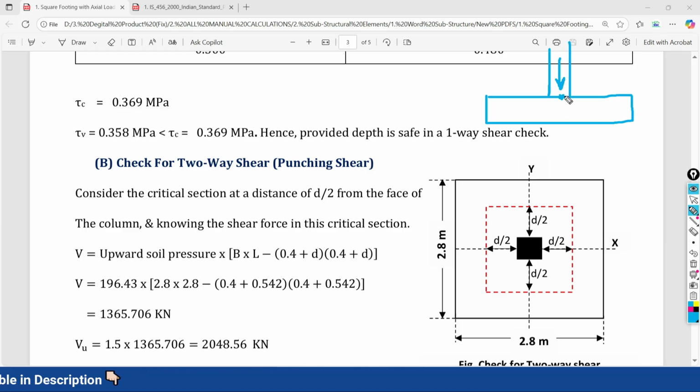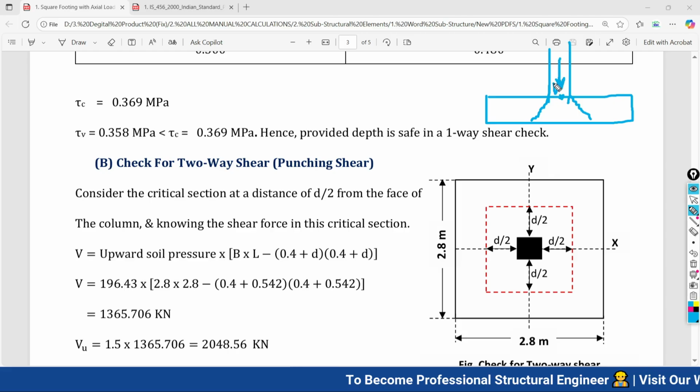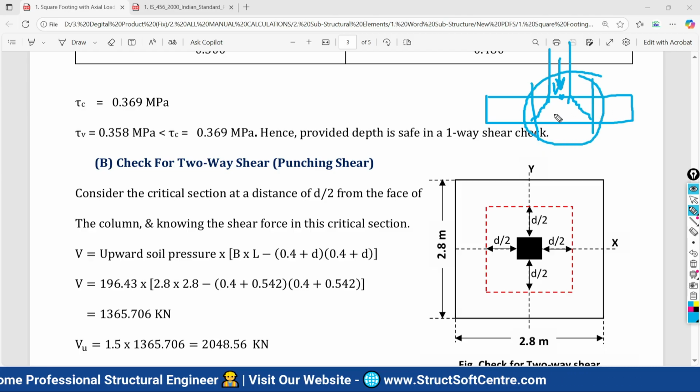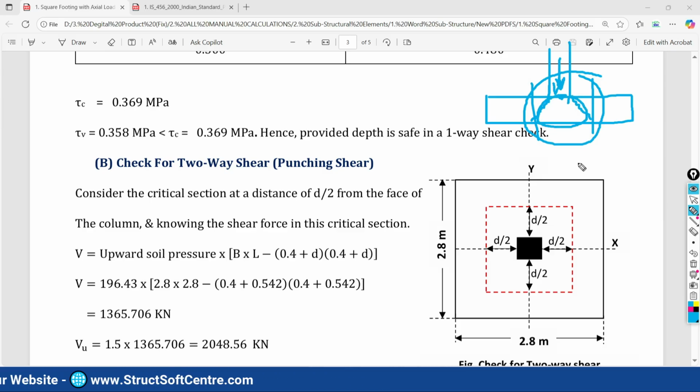So very high stress is going to develop at the face of the column, and there will be chances of tearing of your concrete just like paper. This axial force is going to act as a shear force over your footing in this area. This is a high stressed zone, so there will be a possibility of punching out of this concrete foundation.